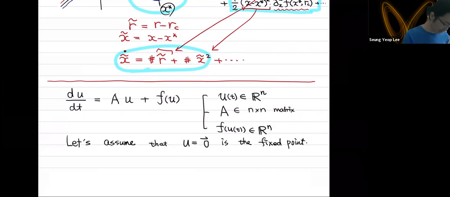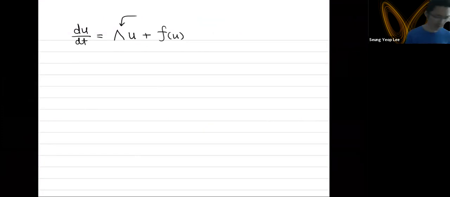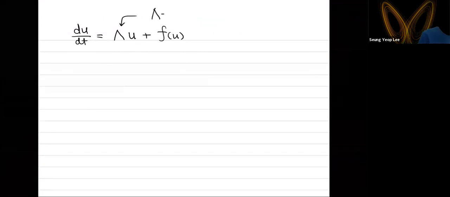Okay, so let's consider the diagonal case. So Lambda is diagonalized.